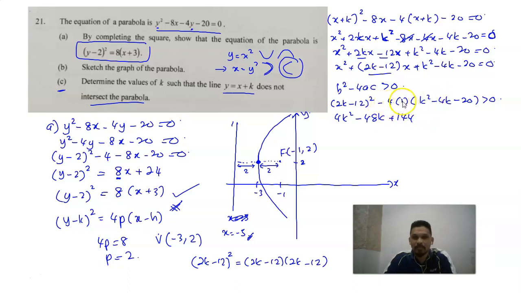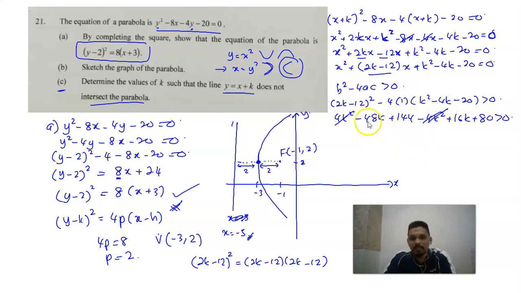Negative 4 times 1 times k squared, minus 4k squared, negative 4 times negative 4k equal to 16k, and negative 4 times 1 times negative 20 plus 80 greater than 0. Okay, look at this one: 4k squared minus 4k squared, clear?